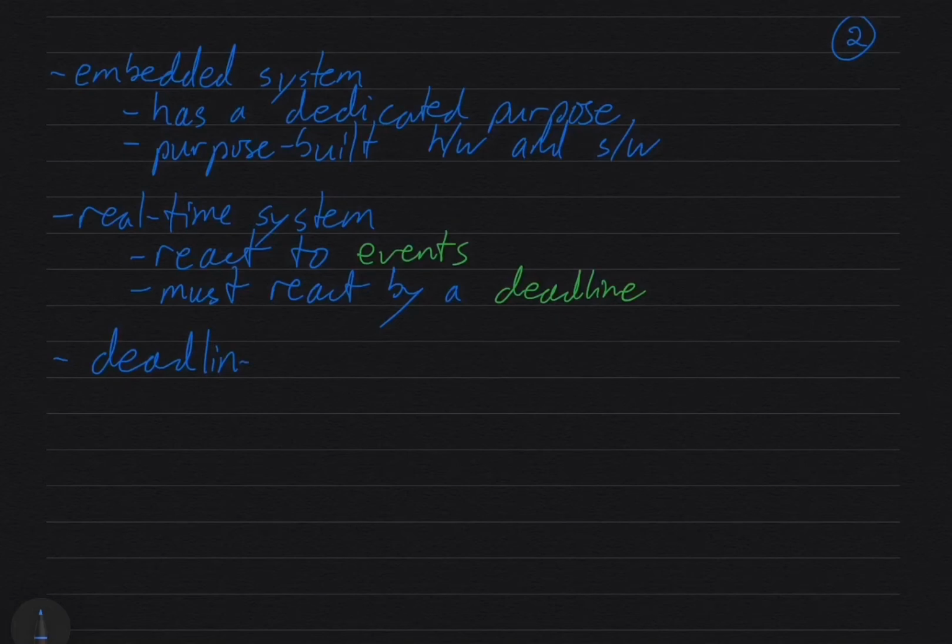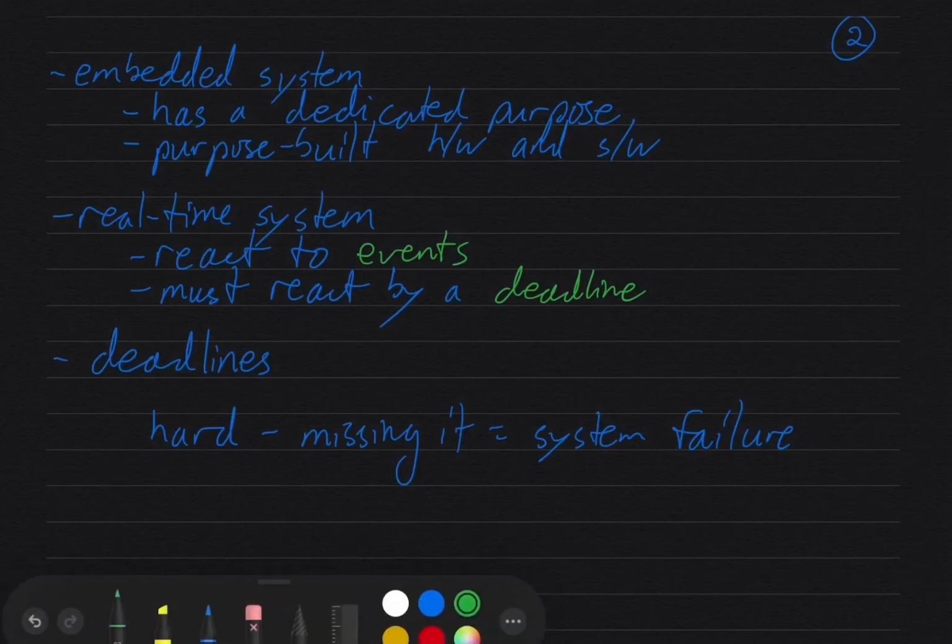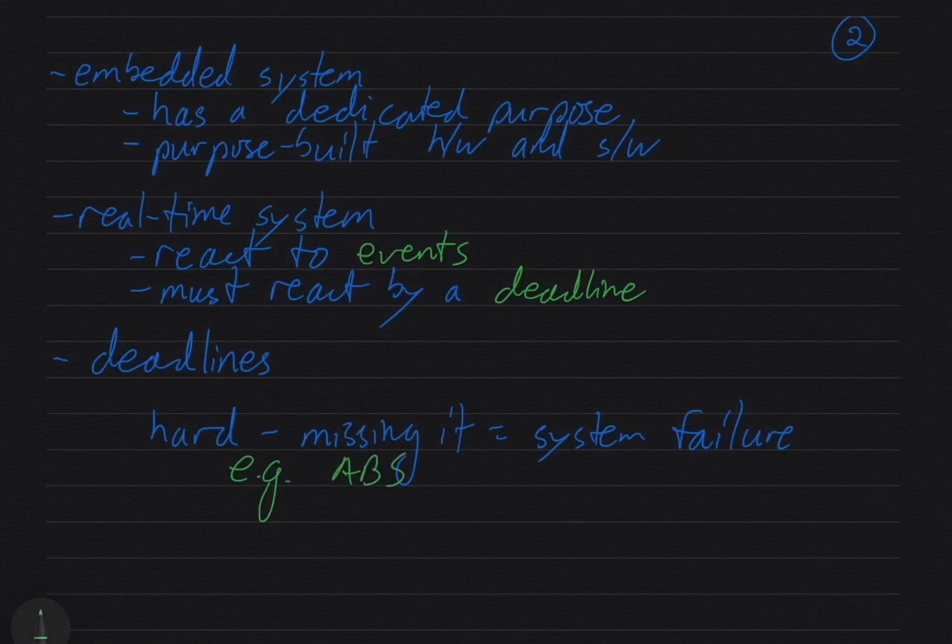So deadlines have a range of how important they are, and so we've got a hard deadline, and missing it is going to result in system failure. So for example, anti-lock braking system.